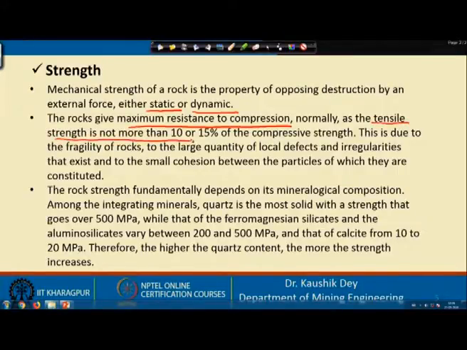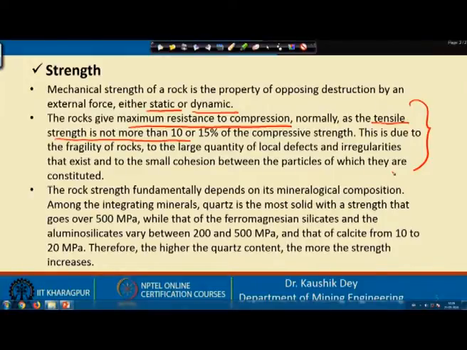In fact, the tensile strength is almost 1/10 or 1/12 of the compressive strength, mainly due to the fragility of rocks and the large quantity of local defects and irregularities.